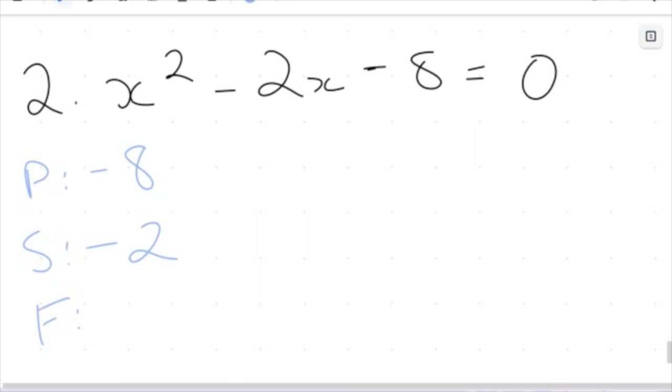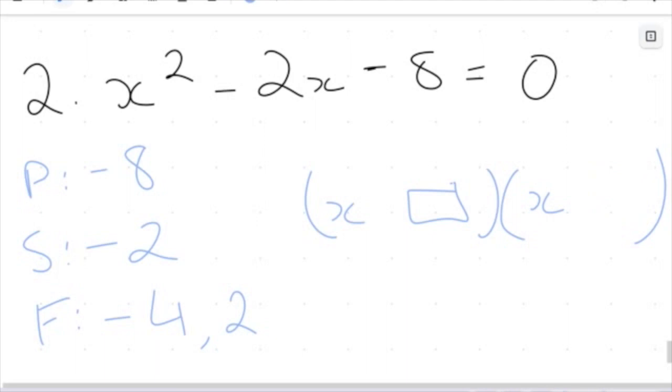But I'm going to get -4 and +2 as my factors here. So when I end up factorizing this, my factors are going to go here and here. So I get -4 and +2 here.